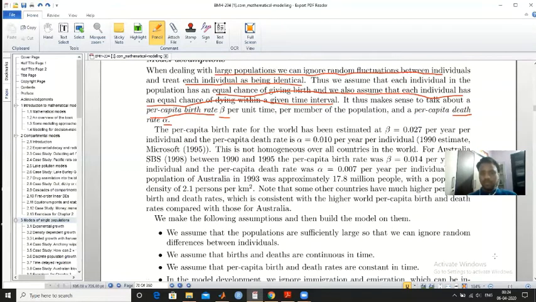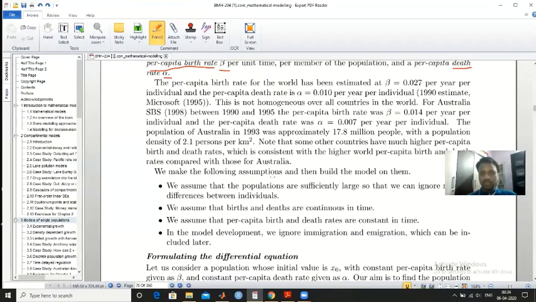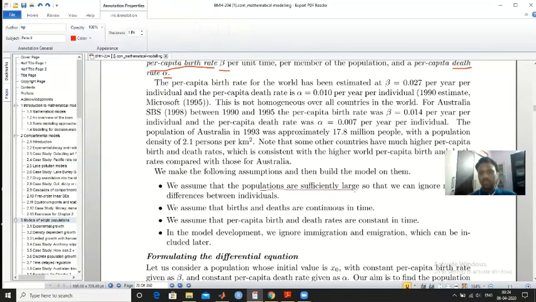So now we build our model, and the first assumptions we have already discussed. There are four assumptions we have already discussed. The population is sufficiently large, so that we can ignore the differences between the individuals. And the second assumption is that births and deaths are continuous in time.